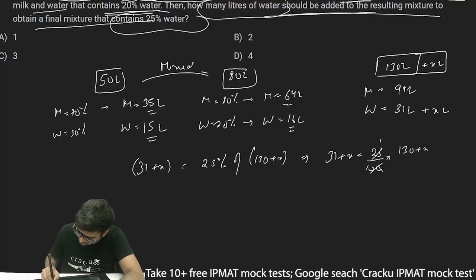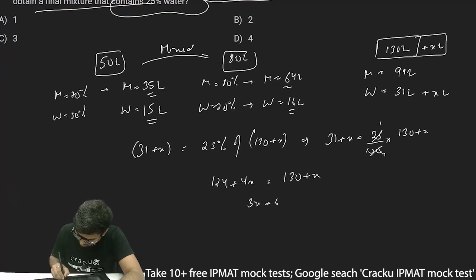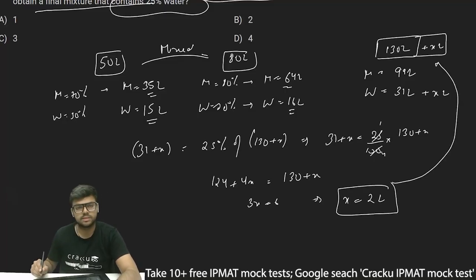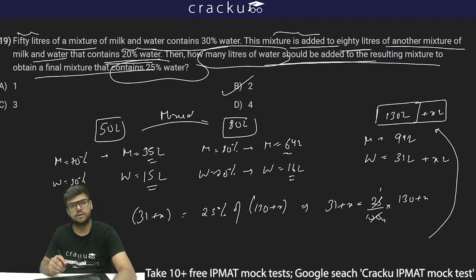This will be 1 upon 4, and therefore 124 plus 4x is equal to 130 plus x, and therefore 3x is equal to 6, or x is equal to 2 liters. Thus if I add 2 liters of water in this mixture, I'll get 25% concentration of the water, and therefore option B, 2, is the correct answer.